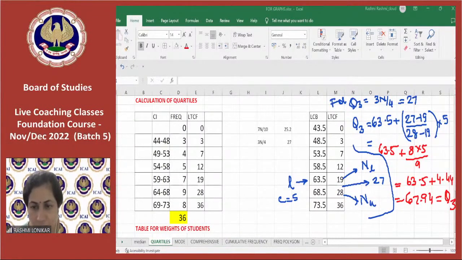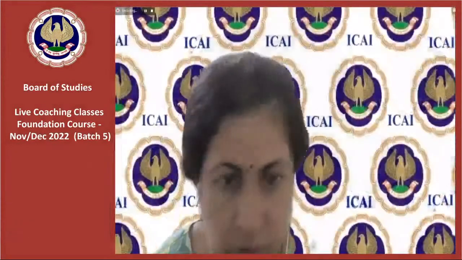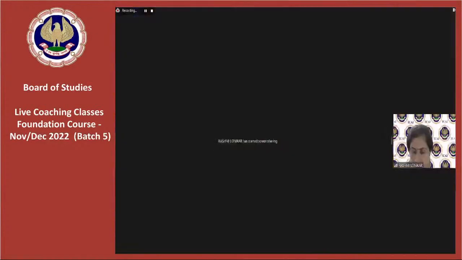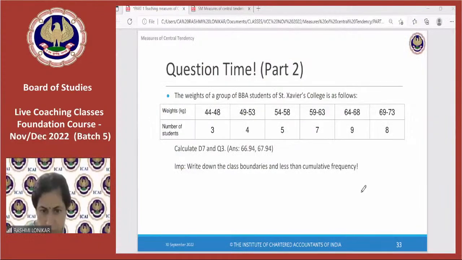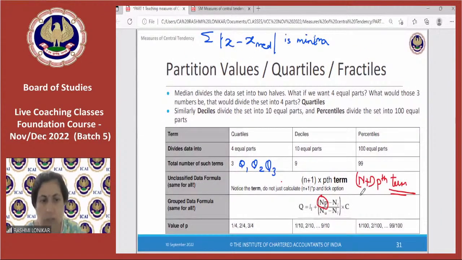Okay, so this is about how we find the quartiles and deciles. So I will be summarizing the theory again. Okay, what are partition values? Median is also a partition value. What a partition value does is take the data and divide it into parts.